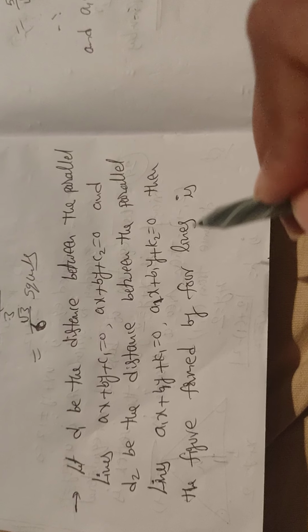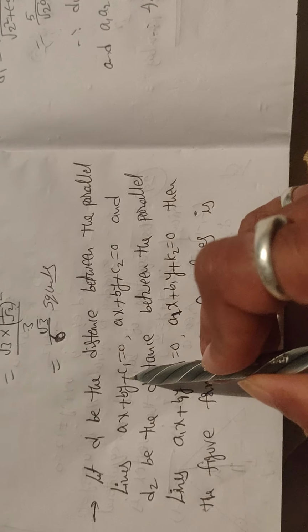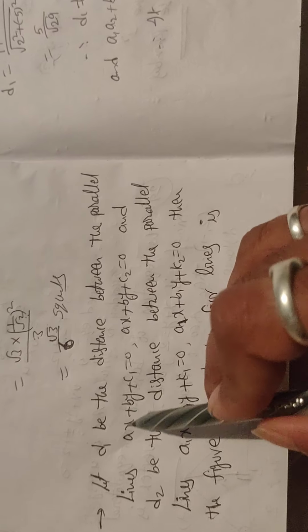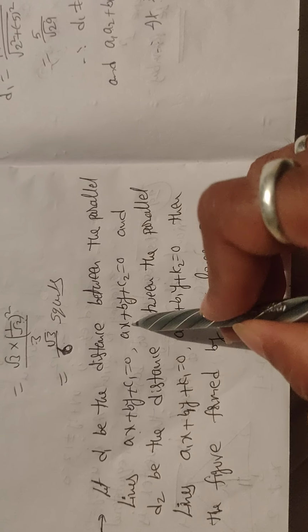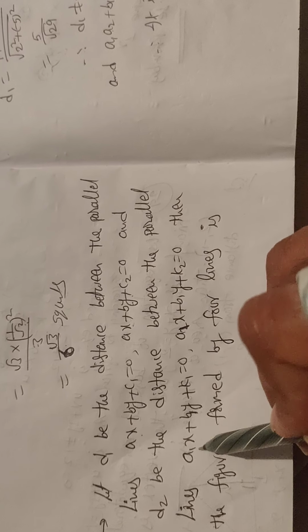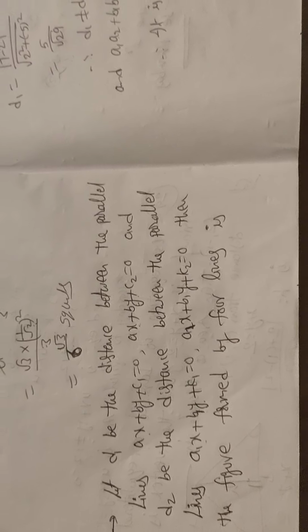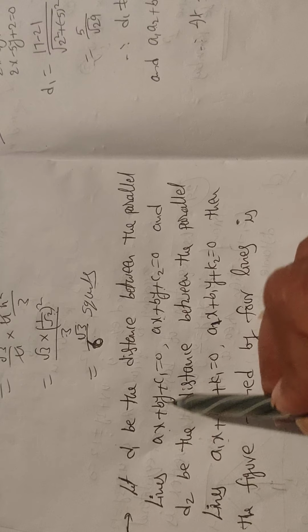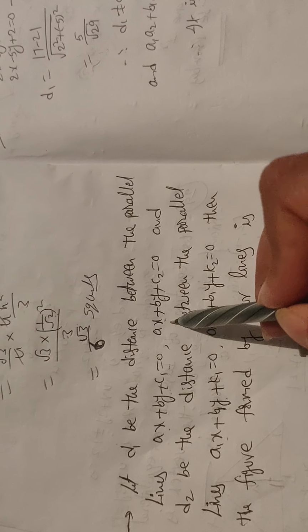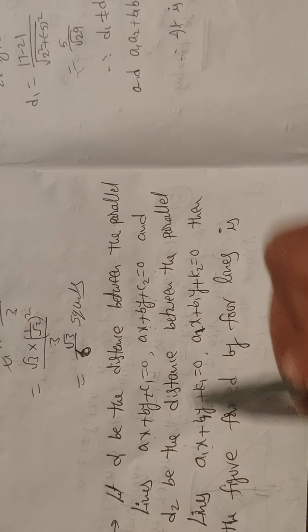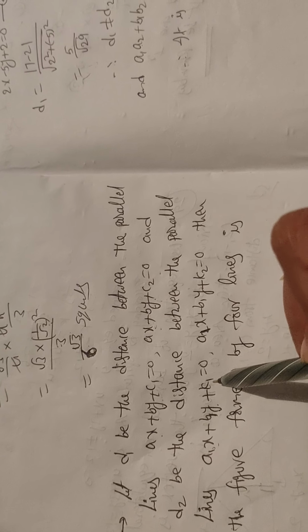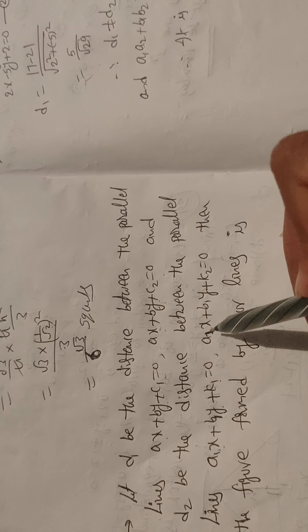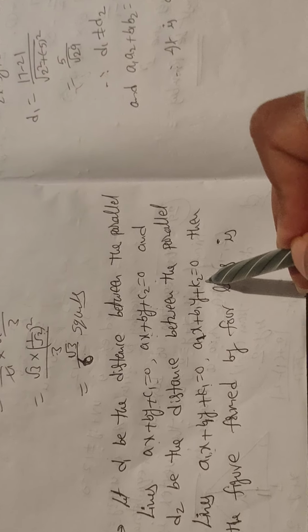Then the figure formed by the four lines is: if you observe, these two are parallel lines, and these two are also parallel lines. In general, you can take a1x plus b1y plus c1 is equal to 0, a1x plus b1y plus c2 is equal to 0, and here you can use a2x plus b2y plus d1 is equal to 0, a2x plus b2y plus d2 is equal to 0.